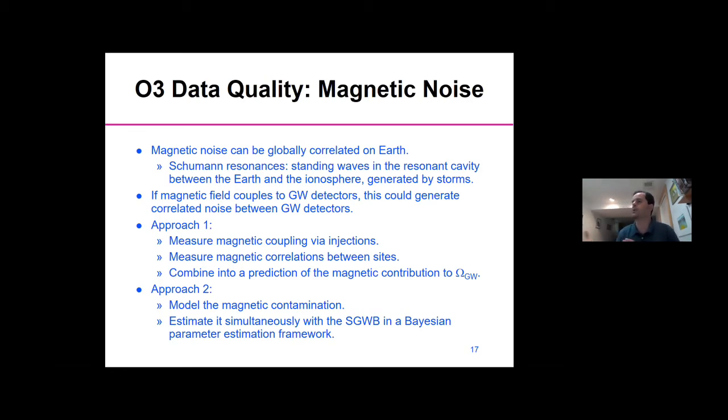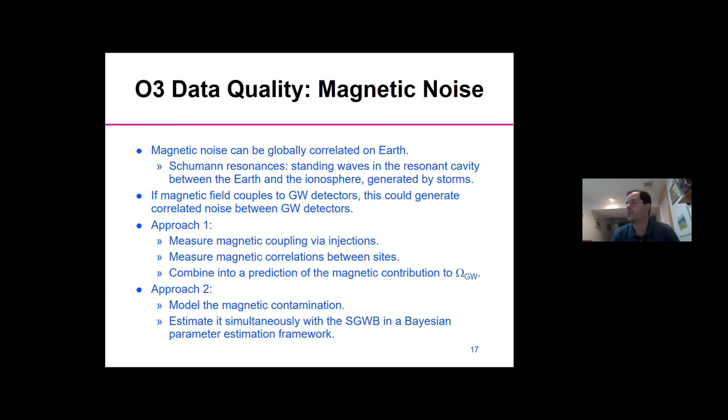So how much this magnetic field couples to the strain channels of the gravitational wave detectors. That gives us some indication of the transfer function between the magnetic field and the strain channels in our detectors.